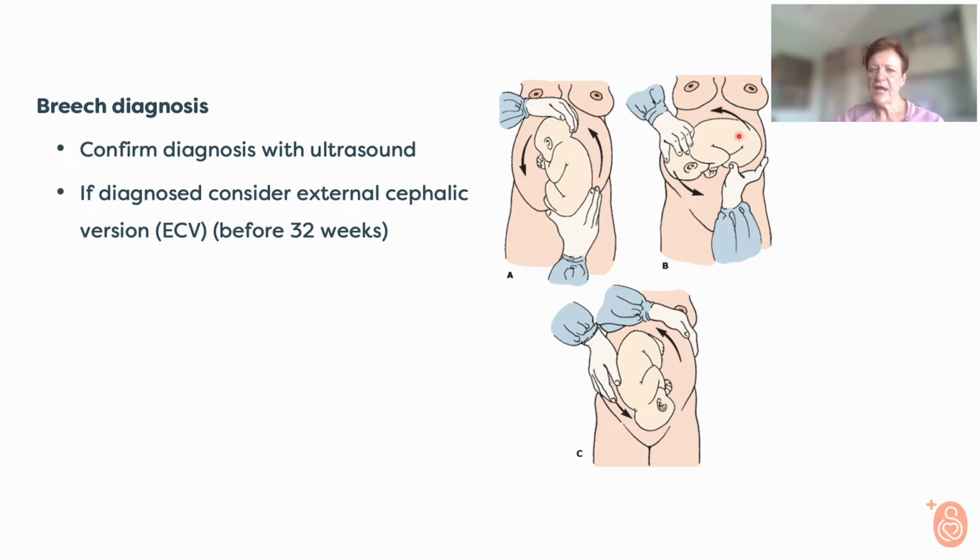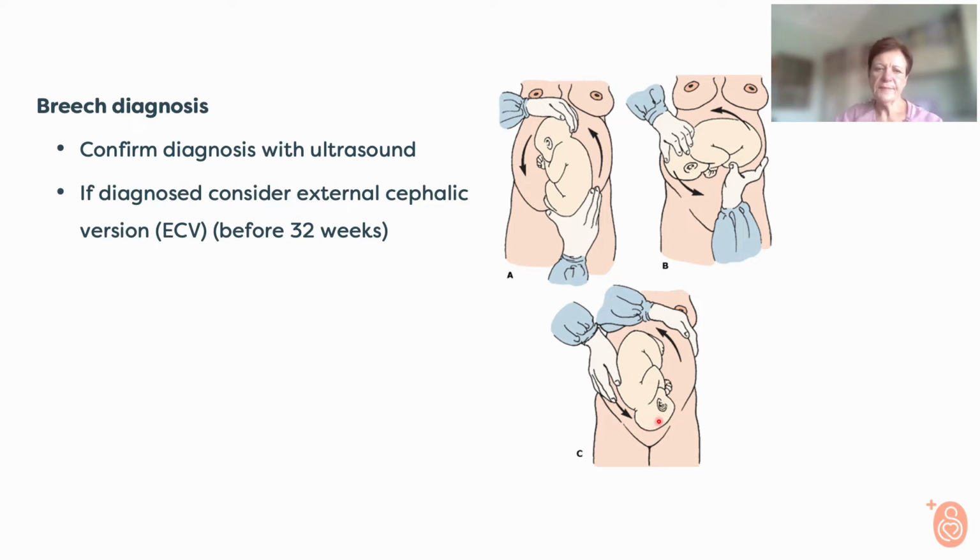This is usually how it's done: the baby is literally turned after its nose to keep it in its flexed position. With external abdominal manipulation, the baby will be turned so that eventually its head is down in the pelvis, and we have a cephalic presentation.